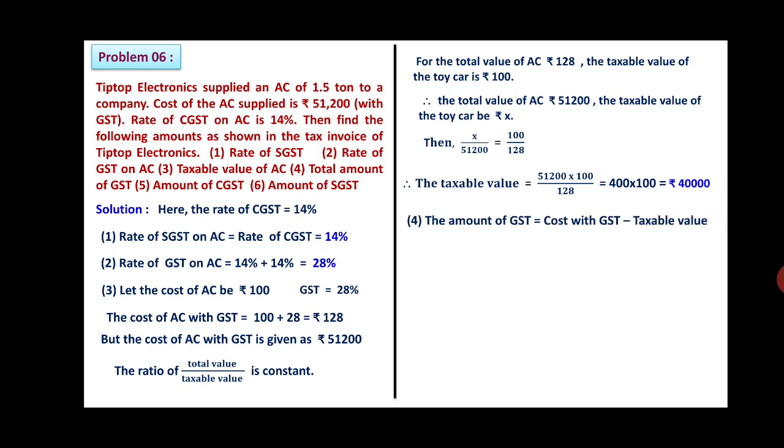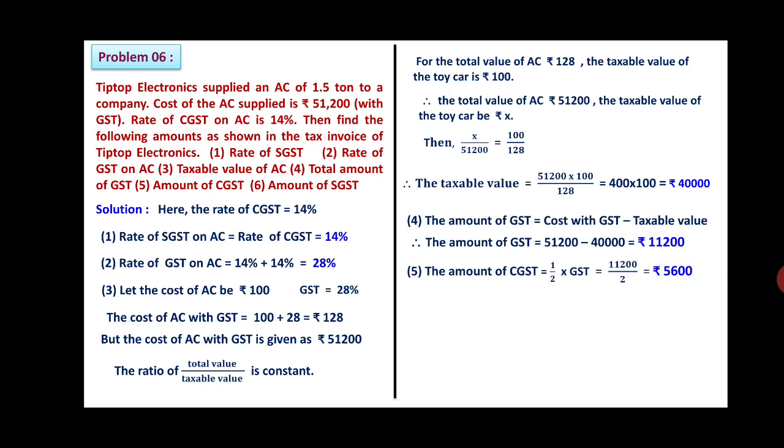The amount of GST is equal to cost with GST minus taxable value. So the amount of GST is now 51,200 minus 40,000, that leads to 11,200. So the amount of CGST will be half of GST, that is 11,200 upon 2, that is 5,600. At the same time, the amount of SGST will be equal to the amount of CGST, therefore the amount of SGST is rupees 5,600.